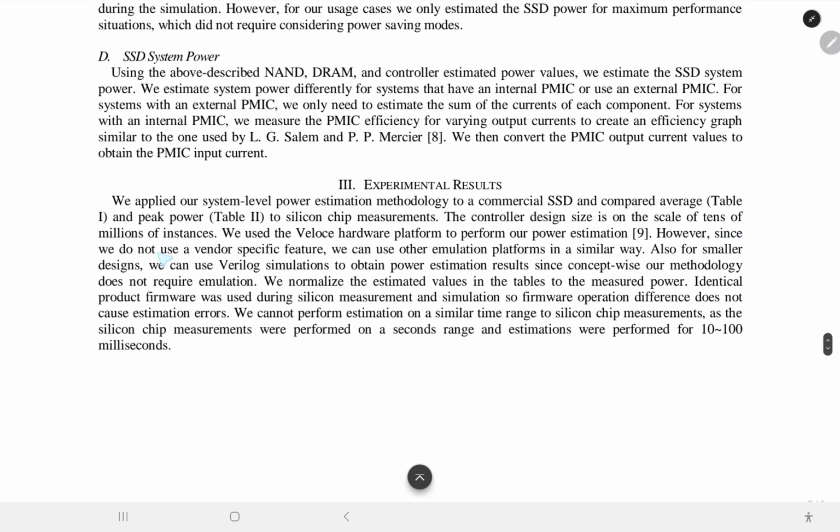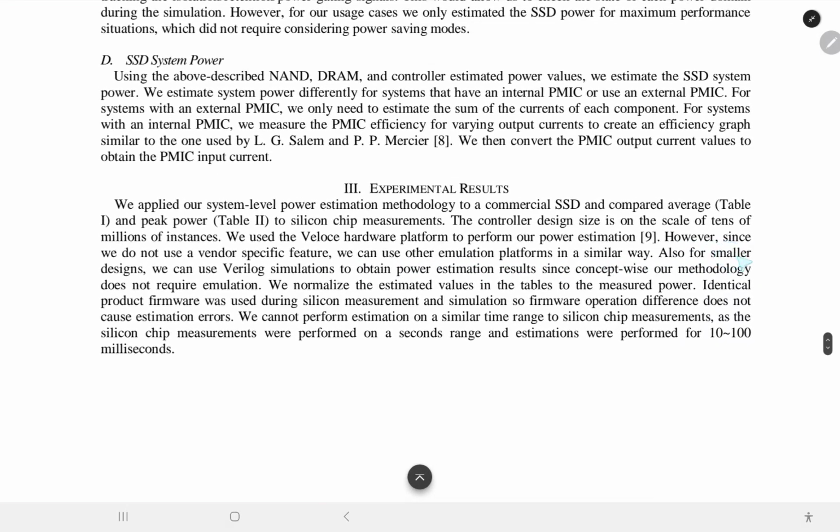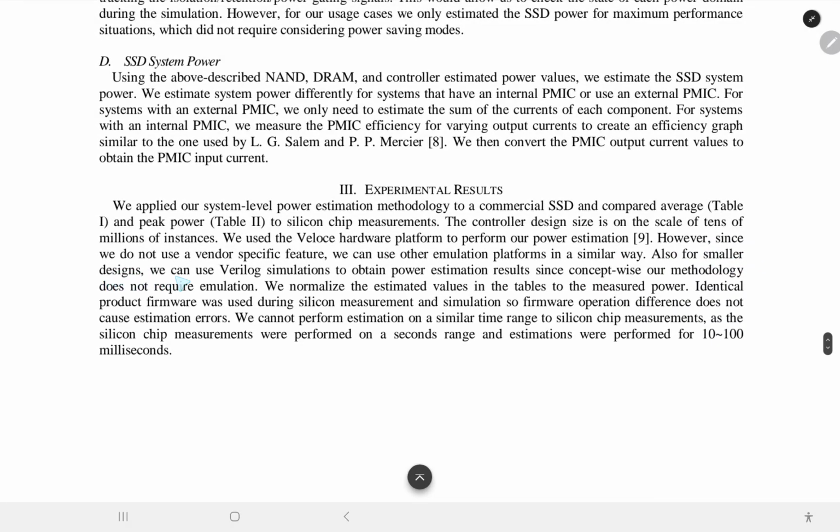However, since we do not use vendor-specific features, we can use other emulation platforms in a similar way. Also, for a smaller design, we can use simulations to obtain a power estimation result, since conceptually our methodology does not require emulation. We normalized the estimated values in the tables to the measured power.